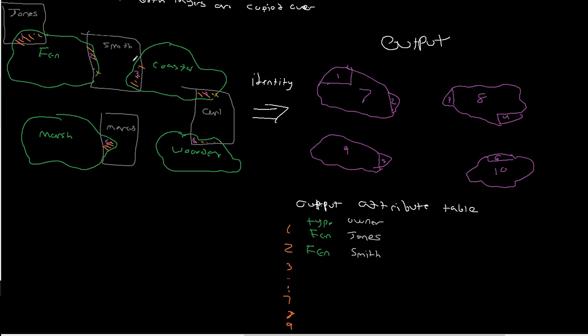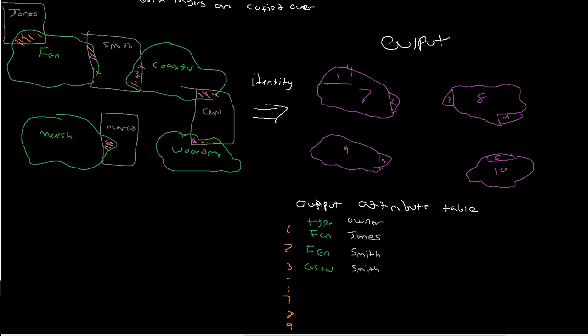For the coastal, for 3, we're pulling from the coastal type. And then for the owner, again, it's going to be Smith. Okay, so this is just like what we did with intersect.